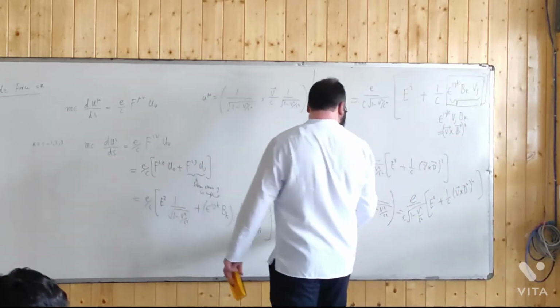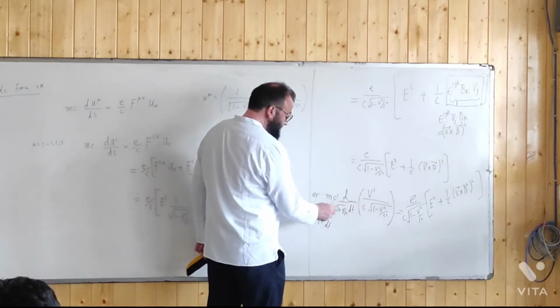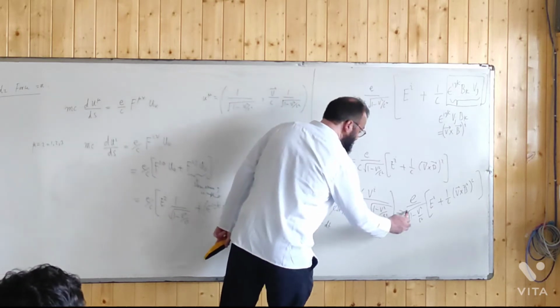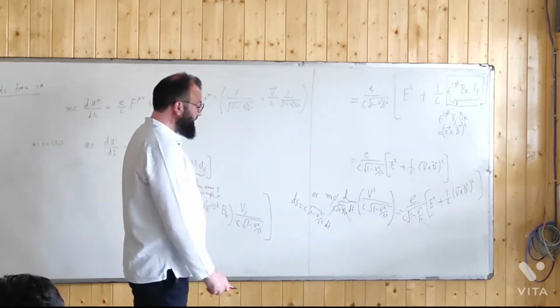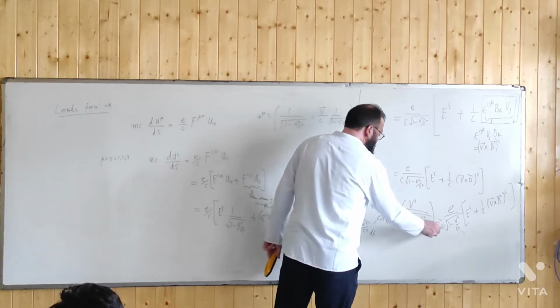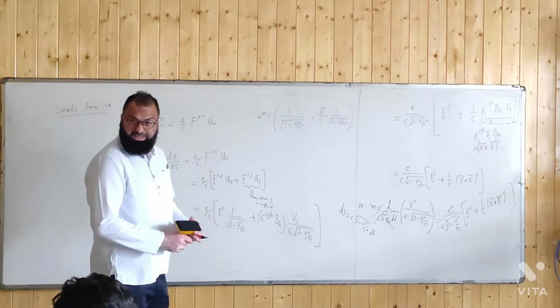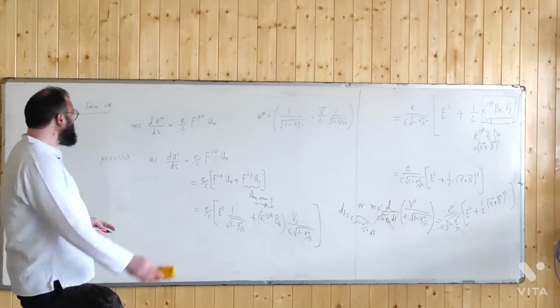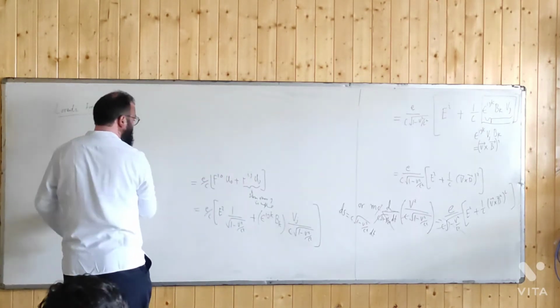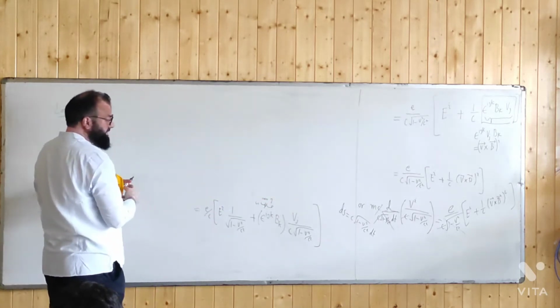Now the c and c cancel, and root of 1 minus v square cancels with this object, and this c cancels as well. So let's write what remains.